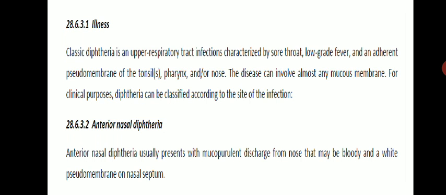So this is related to the nose and nose-related organ system, and it causes mucopurulent discharge from the nose. Sometimes that discharge contains blood, and there is a white pseudomembrane on the nasal septum.